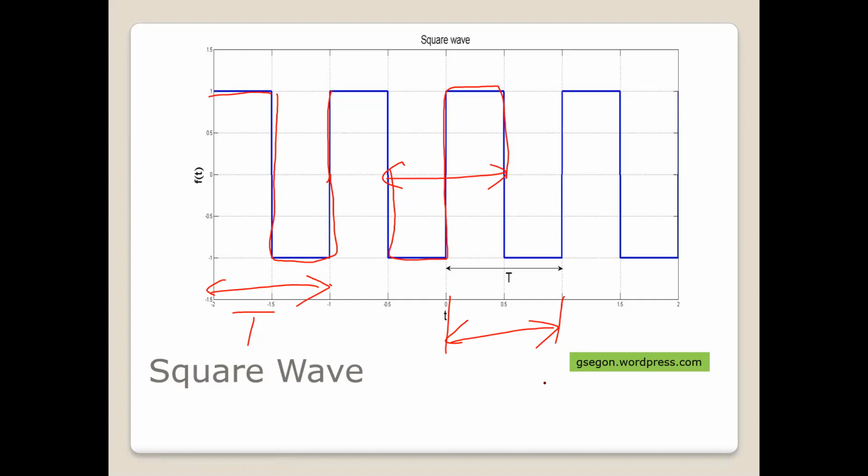All right, do we have this? Yes, sir. Okay. So that's our square wave. We also note the amplitude, which is the maximum displacement from the time axis.